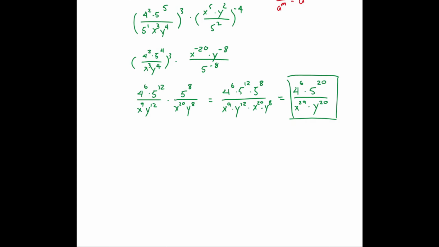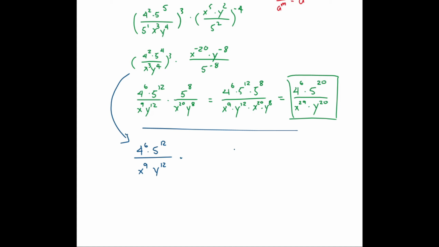So let's pretend for a second that we didn't flip this to the bottom, flip this to the bottom, flip this up to the top. Let's keep them exactly where they are, okay? So from this step onwards, we're going to distribute this 3. Okay, let me put a little line here. We're going to distribute this 3 to everything inside, right? We get 4 to the 6 times 5 to the 12 over x to the 9 times y to the 12.